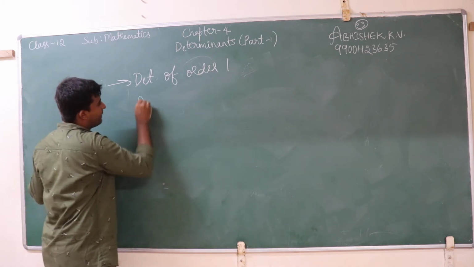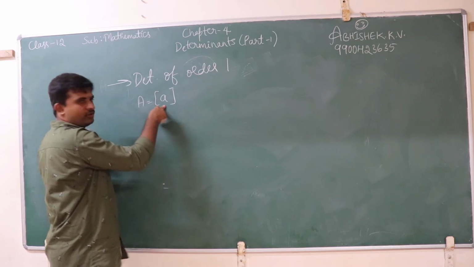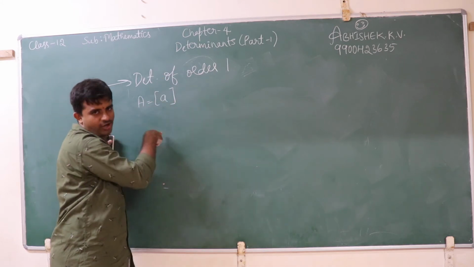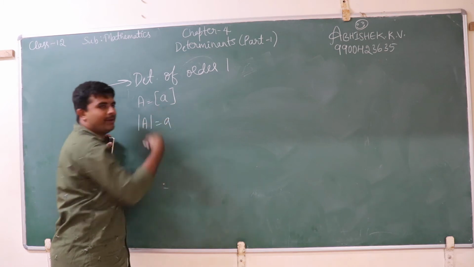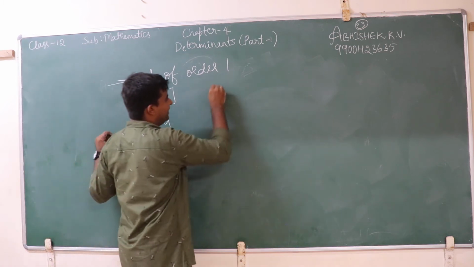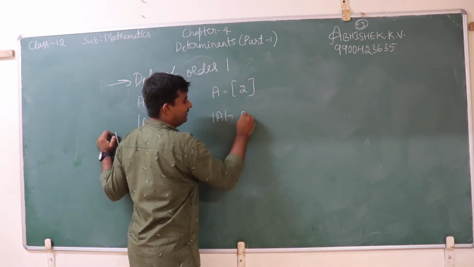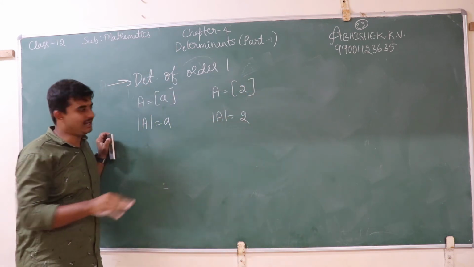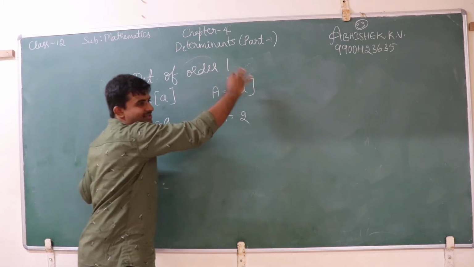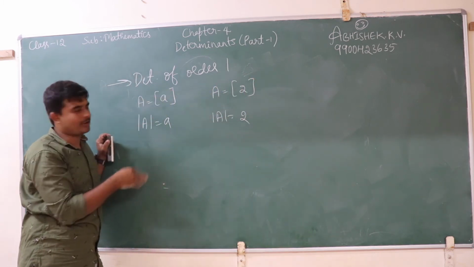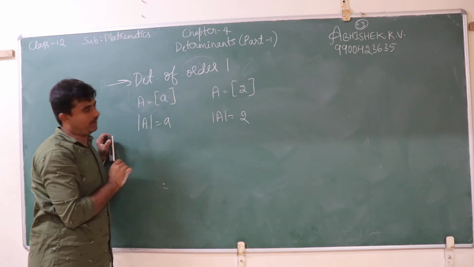If I consider a matrix A is equal to [A], this has 1 row, 1 column, right? Therefore, determinant of A is given by that number only. That is, if I consider a matrix A is equal to [2], what is the determinant of A? 2 only. Is it clear? This has the order 1 by 1, number of rows is equal to number of columns. So this is the way to find the determinant of order 1.